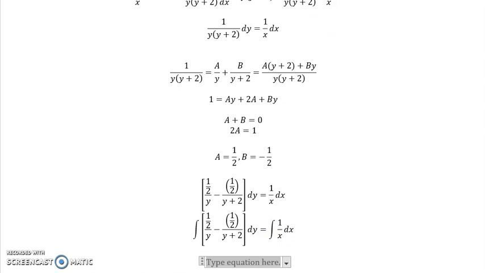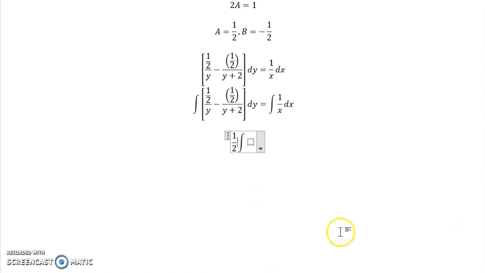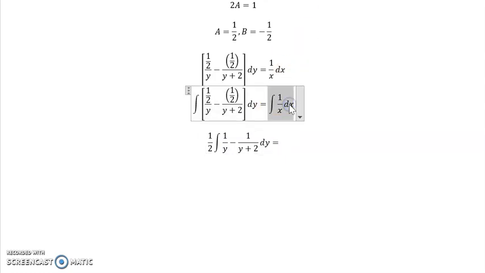Now the left side of the equation, we can pull the 1/2 out. And so we have 1 over y minus 1 over y plus 2 dy. And then on the other side, we just have our integral of 1 over x.